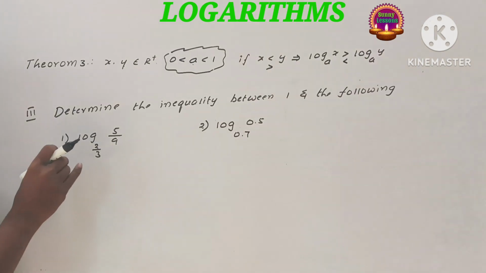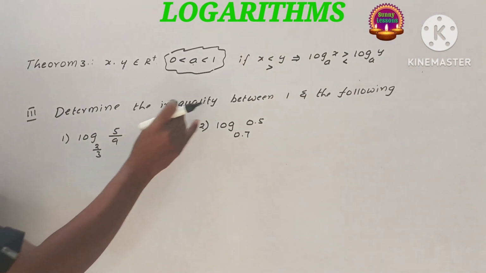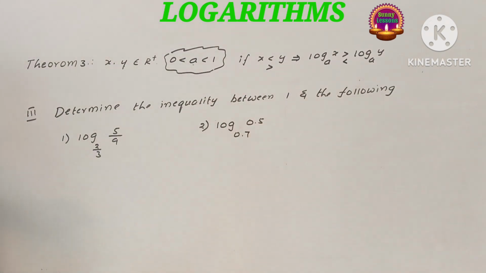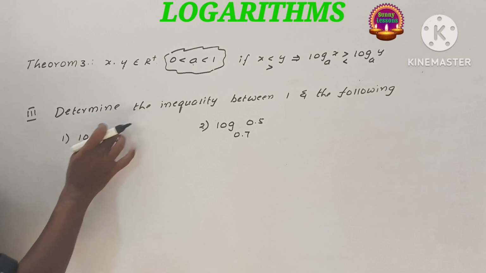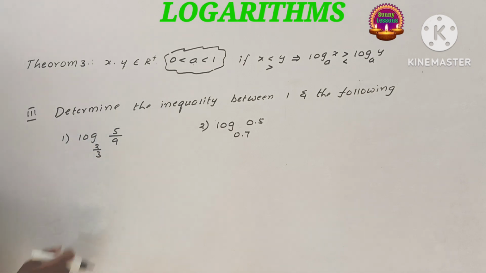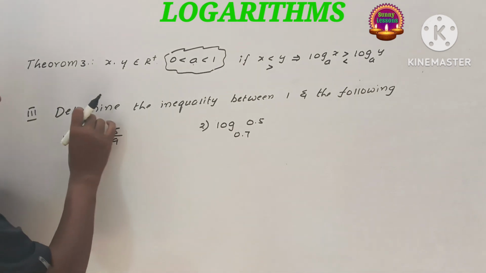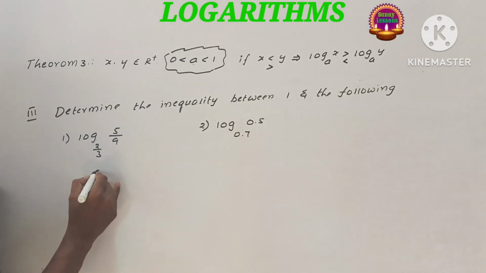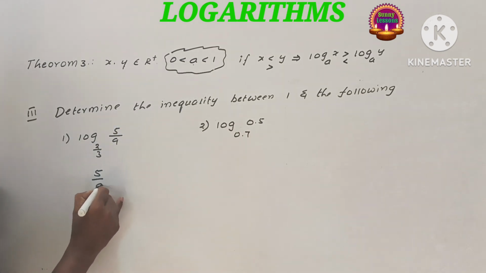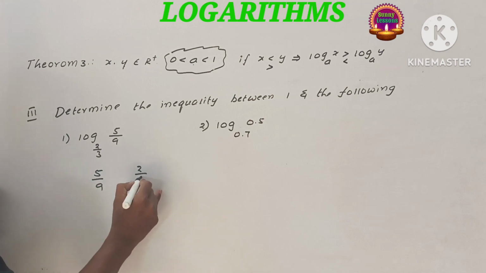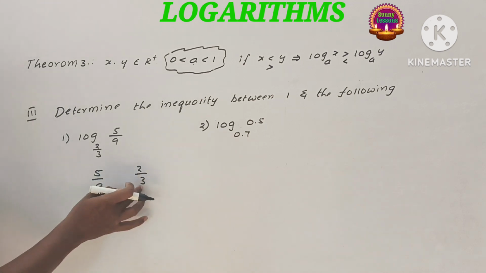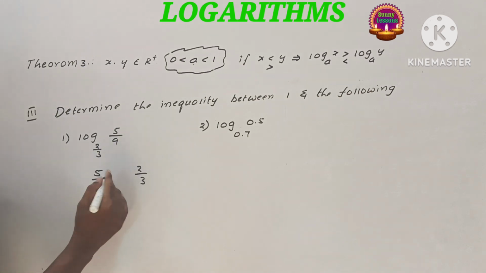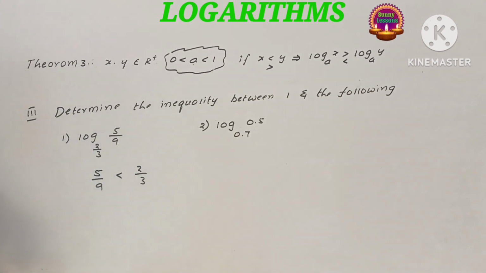The third model is determine the inequality between 1 and the following. Yes, asked for the inequality: log 5 by 9 base 2 by 3. If we are asked for the inequality, we should compare these two, 5 by 9 and 2 by 3. Which is greater? 3 fives are 15, 9 twos are 18. So 2 by 3 is greater than 5 by 9.